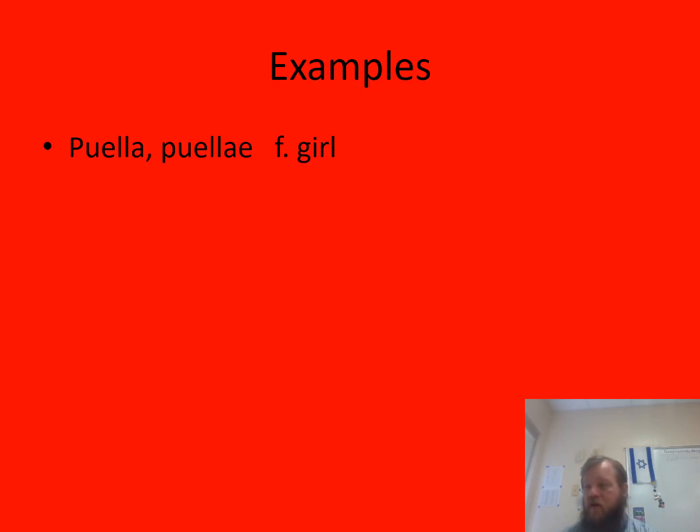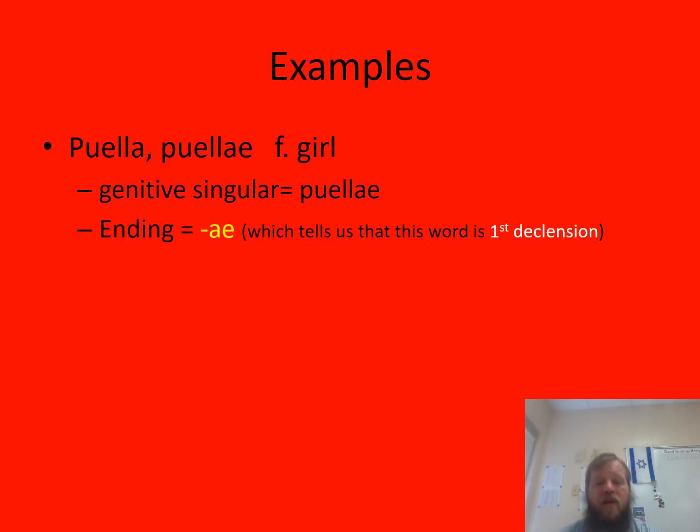All right, so back to our examples that we had before. Puella, puellae, feminine girl. Our genitive singular is that second word, so it's puellae. So our ending here is AE. That tells us that this word is first declension, because first declension and AE go together. So our stem is puell.